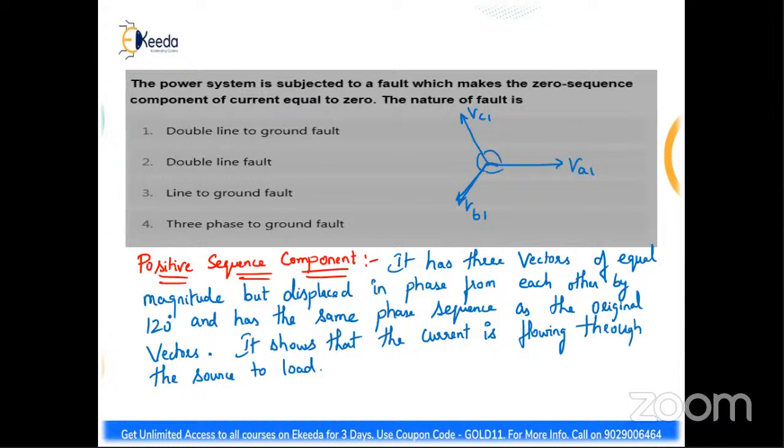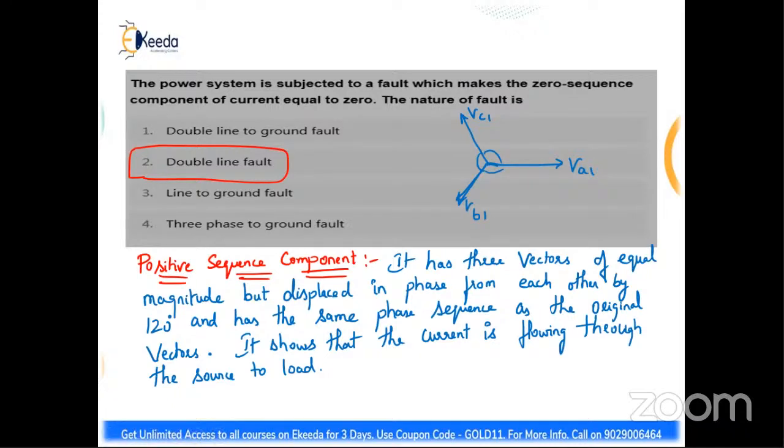Therefore, in double line fault or line to line fault, there is no ground. Understood? So the power system is subjected to a fault which makes the zero sequence component of current equal to zero. The nature of fault is double line fault. This is the right answer.